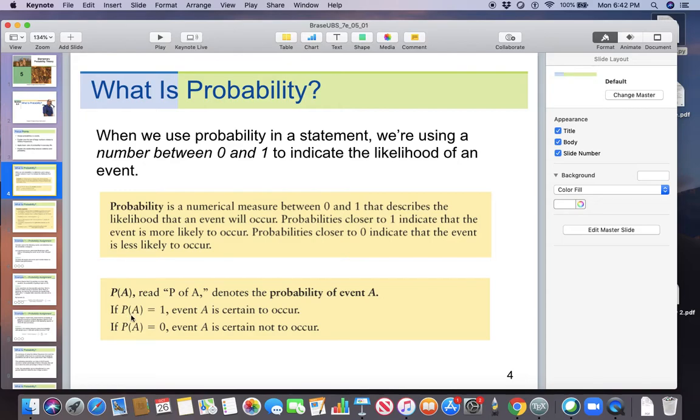If probability of A is 0, event A is certain not to occur. So 0 means you are certain A will not occur. If probability is 1, then you're certain that A will occur.